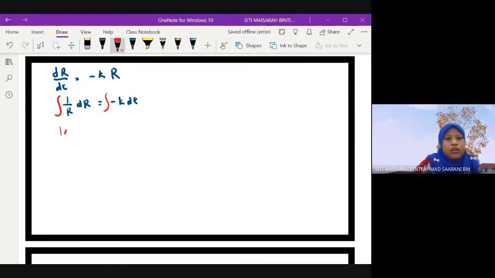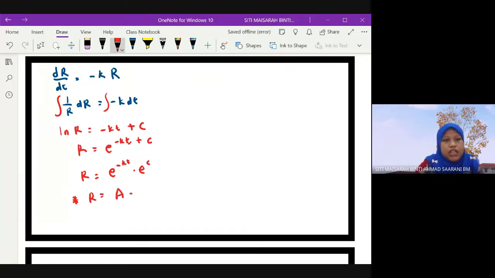We get ln r equals to negative kt plus c. So then r equals to e negative kt plus c. So r equals to e negative kt times e power of c. So finally r equals to a e negative kt, which is a equals to e power of c.